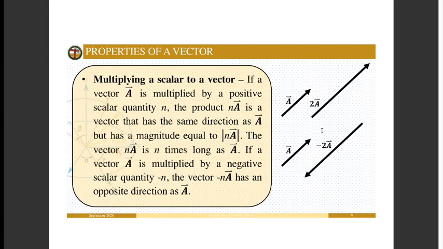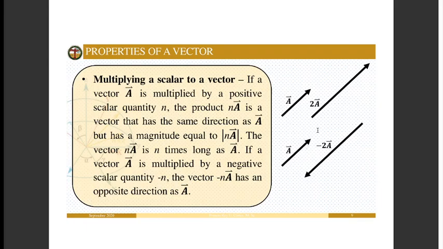So how about if we multiply our vector quantity by a negative scalar quantity? For example, i-multiply natin siya ng negative 2. So what will happen? It will not only change the magnitude of the vector, but it will also change the direction of the vector. So for example, meron akong original vector na ganito.